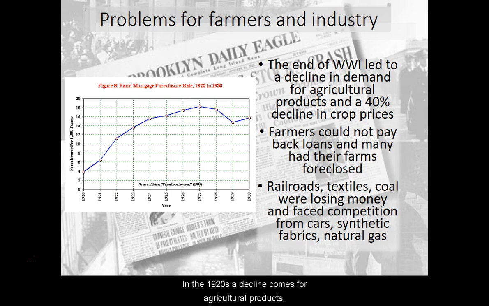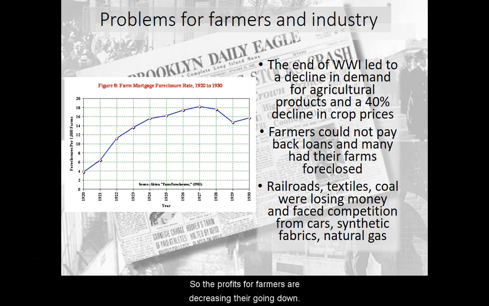And in the 1920s, a decline comes for agricultural products, which leads to crop prices falling by 40%. So if a farmer could get $1 per bushel of wheat during the war, after the war's over, they're only getting 60 cents per bushel.